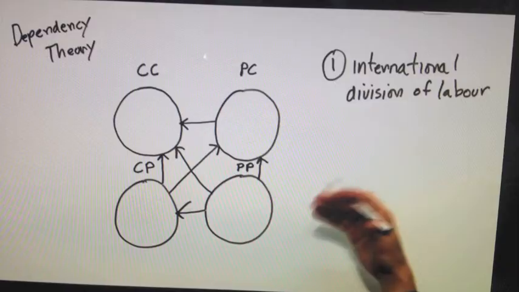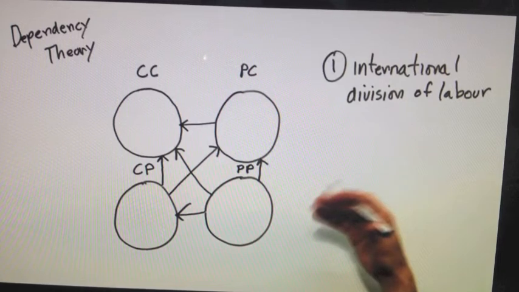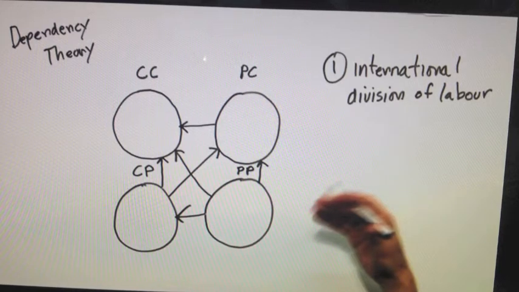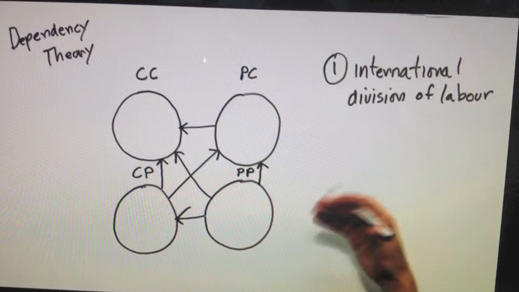If you YouTube dependency theory, there is an excellent explanation of this, illustrated through a series of diagrams, essentially showing the world divided into 4 circles, each one representing the central core countries such as the USA, the peripheral core such as Canada, the core periphery such as South Africa, and the peripheral periphery such as Zambia.